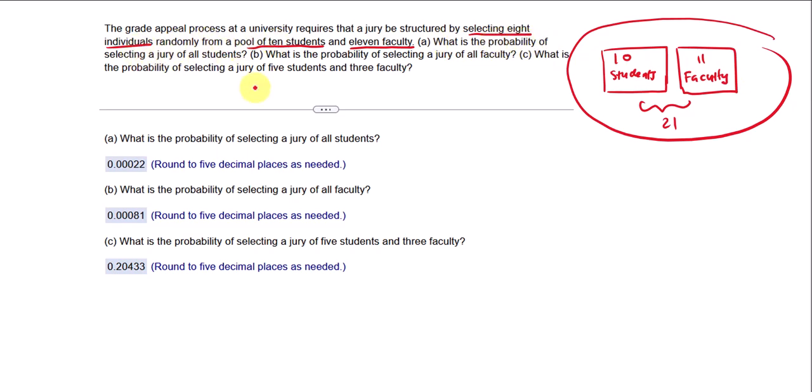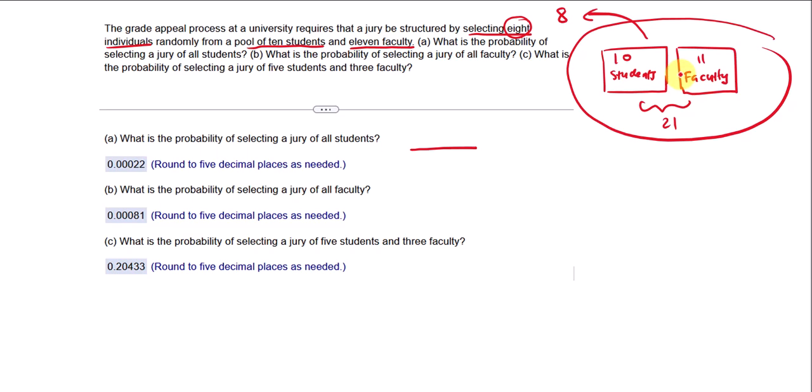Okay, we want to take out 8 of them from the pool of 21 people total. So I want to get out 8 of them. Now, looking for the probability is the same thing as looking for the ratio or the proportion. And in this case, the order doesn't matter, right? So we are using the combination formula.